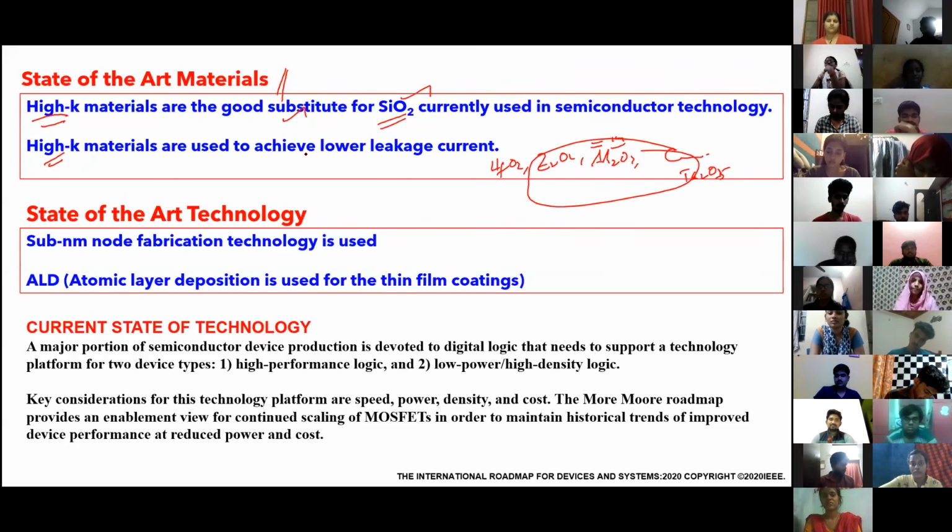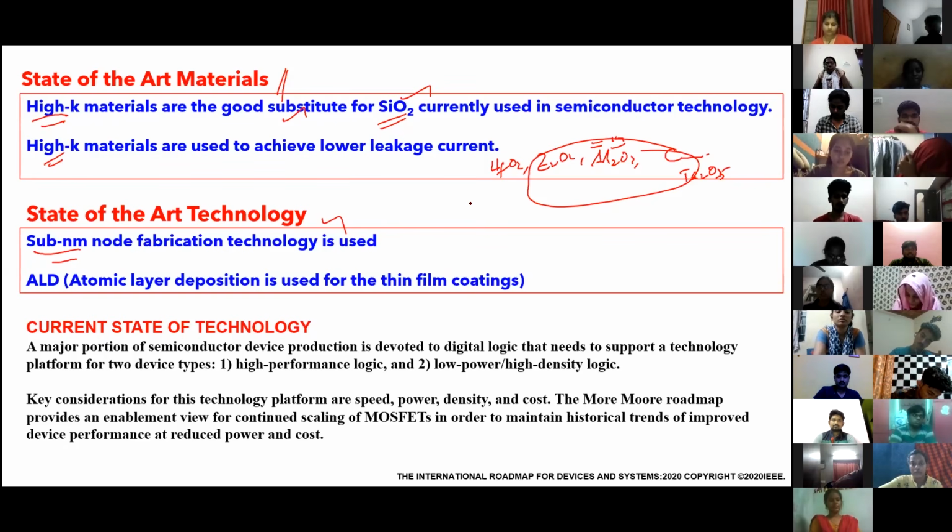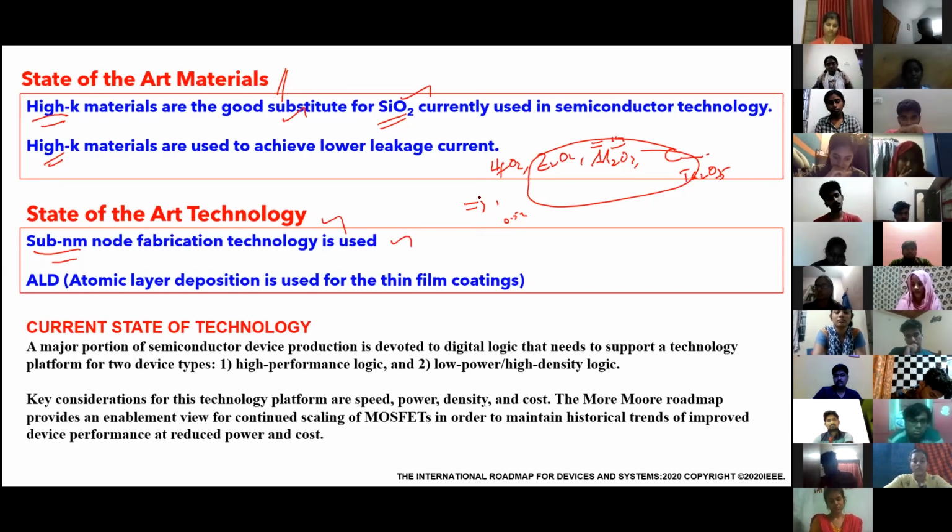Similarly, the fabrication technology has gone to sub-nanometer mode. Previously, the gate oxide layer was about 1 nanometer. Now you can make even a 0.5 nanometer layer, as fabrication technology has improved a lot. That's called sub-nanometer node fabrication.